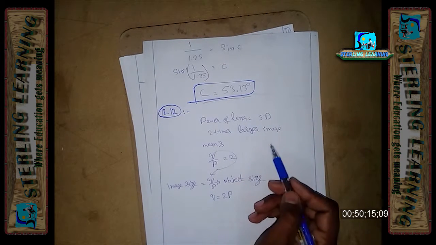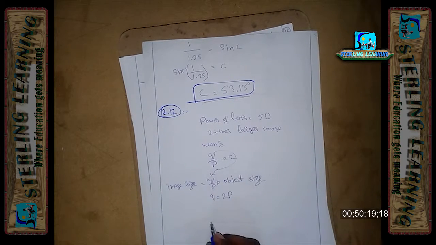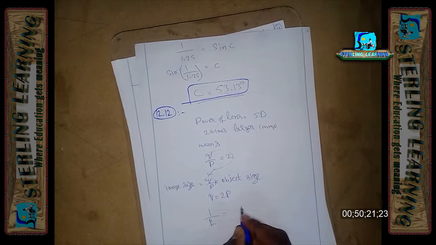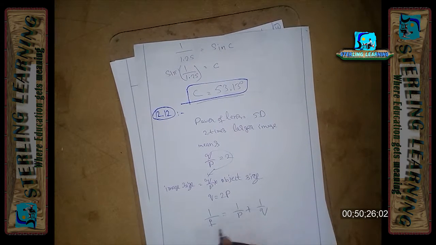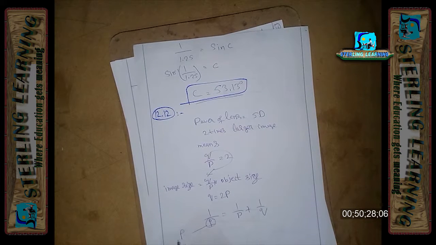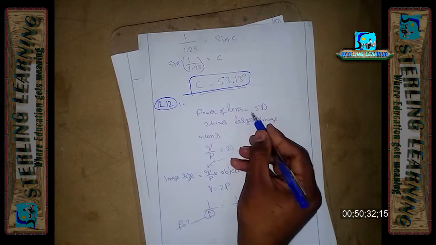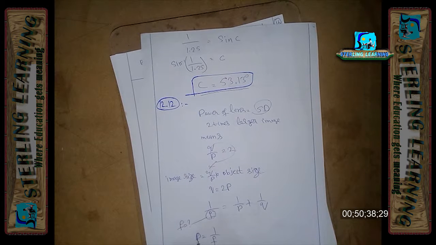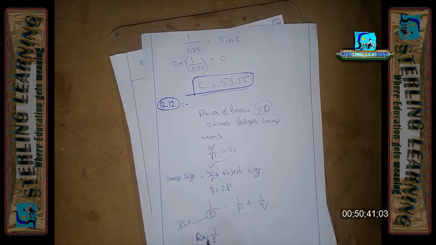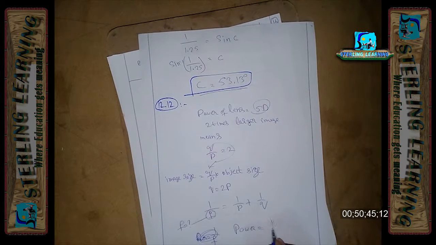We have the power of lens. We need to calculate F for this formula. F is equal to, we don't know, what? If the power is given, we know power is equal to 1 over f.